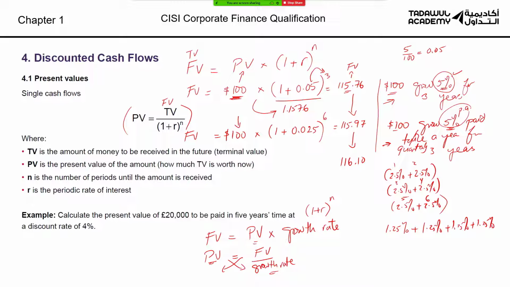Now, why is this important? Why is it important for us to know the present value of something? Let's say I need to pay college fees for my children in 20 years' time. I need to buy a house in 10 years' time. There is a certain liability that I'm going to have in the future.